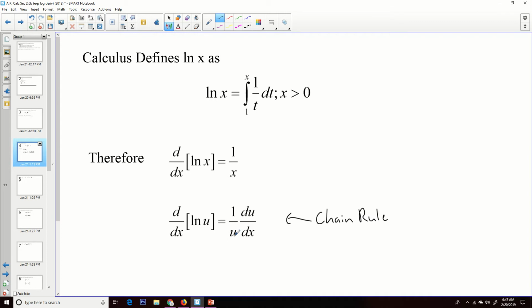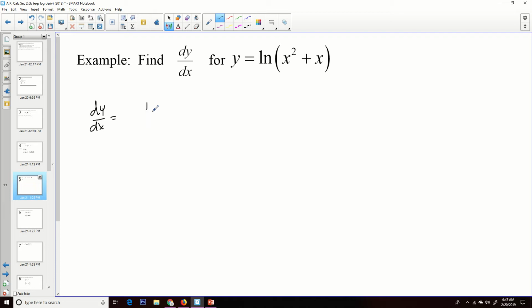It's going to be 1 over the expression left alone, x squared plus x, times the derivative of that expression, 2x plus 1. Now we should finish this out by combining it and making it 2x plus 1 all over x squared plus x, and we'll put a box around that. That is our derivative.